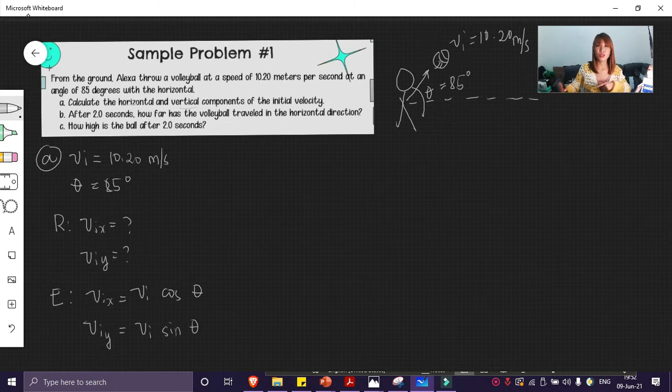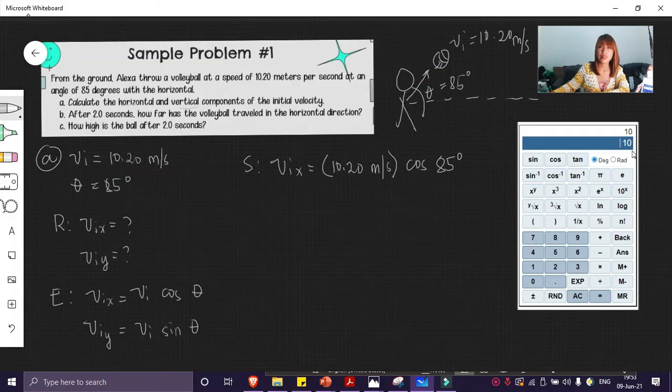Then, substitute na natin siya. Let's solve. You just type in 10.20 cosine button then 85.